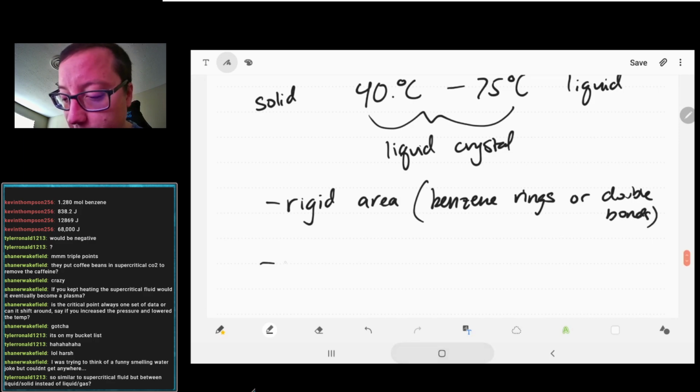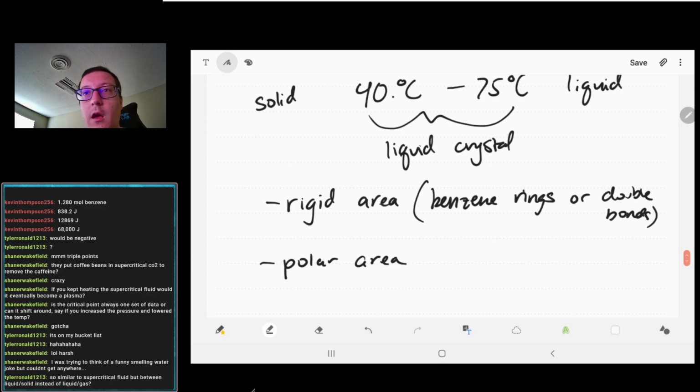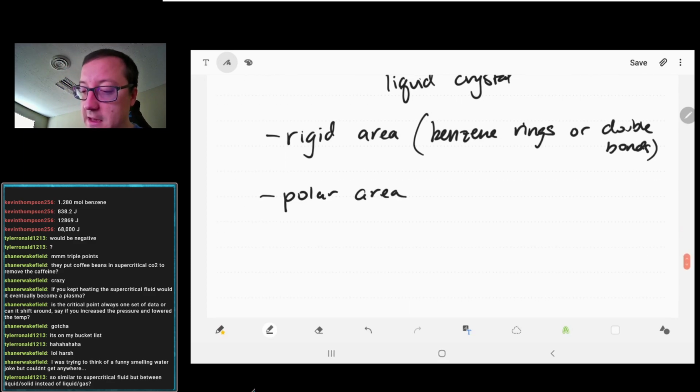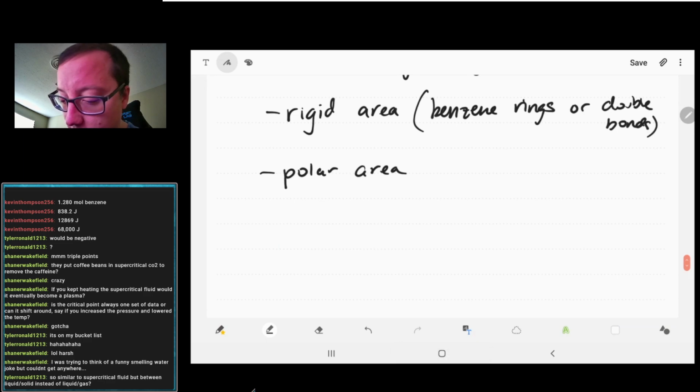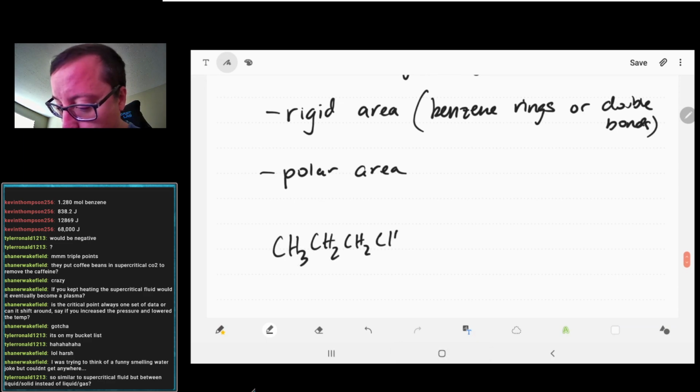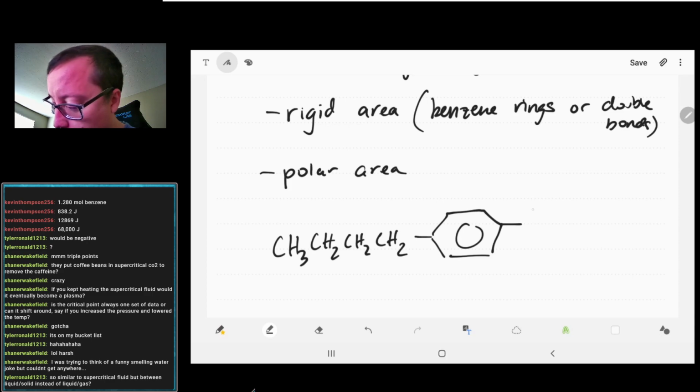And you have some sort of polar bit. And so we're going to see that, for example, if you have something like this, let's even put a triple bond here.